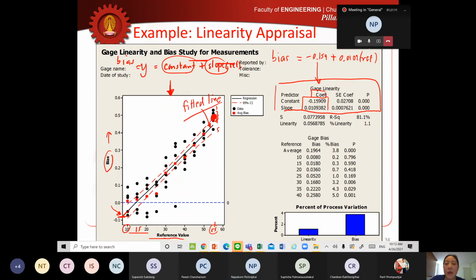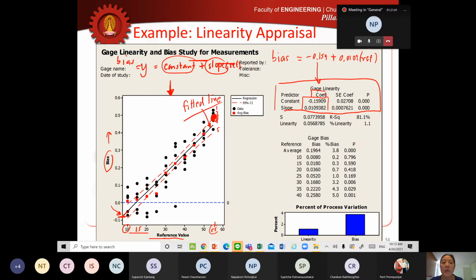Good. If you have learned about regression analysis before, before you believe in this line, you have to check first whether the constant and the slope term are statistically significant. If it's significant, you will trust this equation. But if these two terms are not significant, you will say that this line is not significant, it does not really exist.